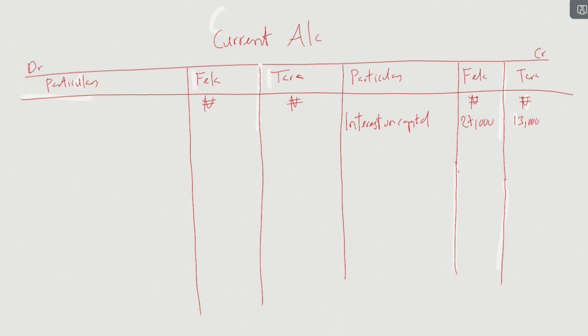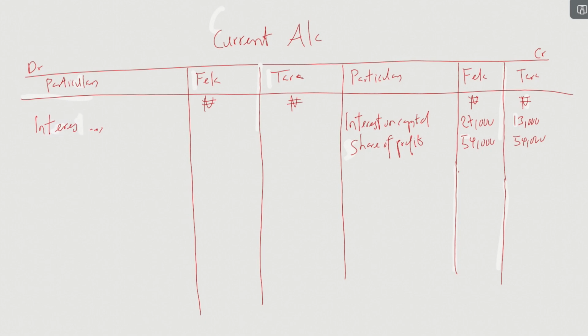Then we're also going to have share of profit that we got from the statement of distribution of income or profit and loss appropriation account. And remember clearly, it was 54,000 we got for both partners, right?